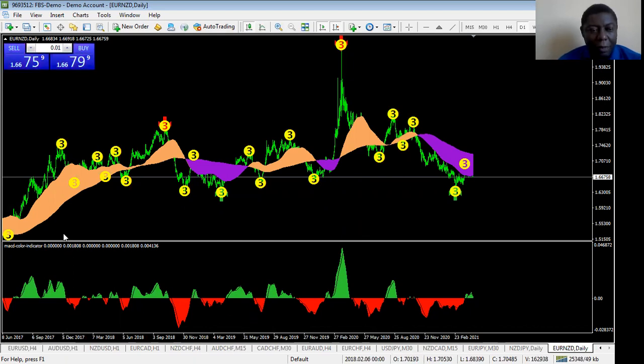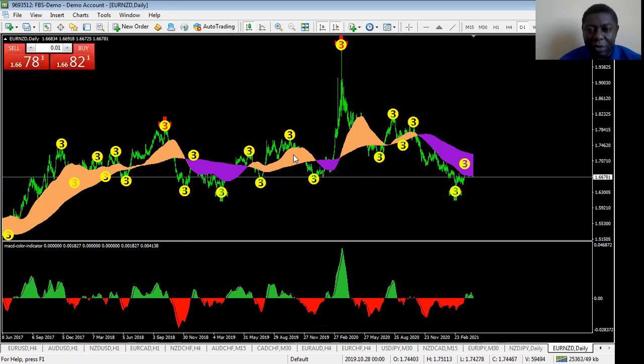If you see, when the market is going up, it is indicated by this brown color. This is when the 50 crosses over the 200, above the 200. Then you see the brown color.